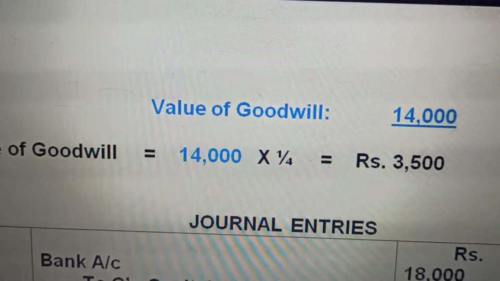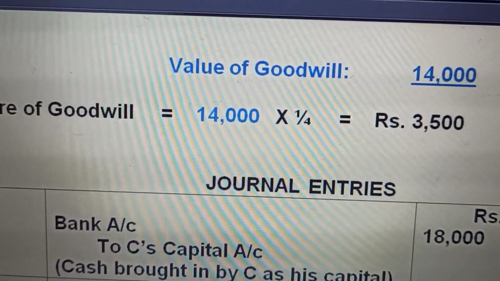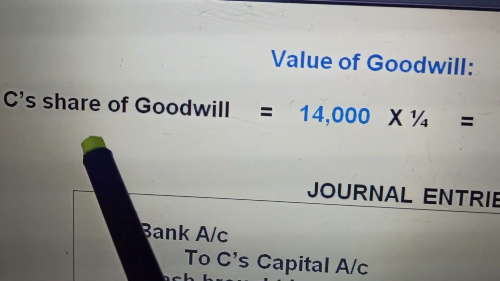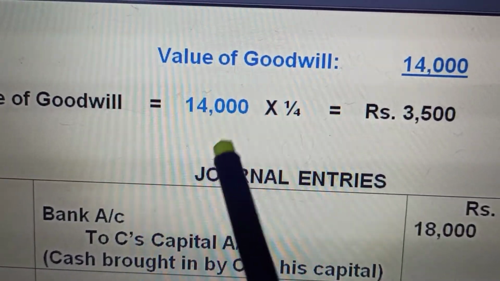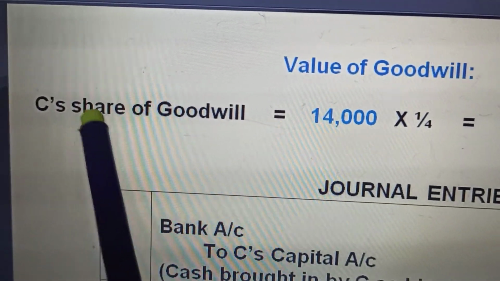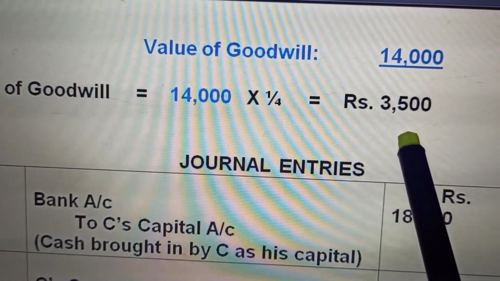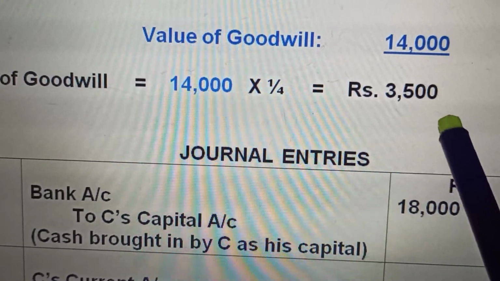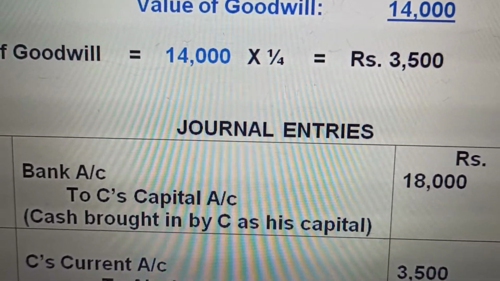If the firm's goodwill is 14,000, then C's share of goodwill will be 1/4 of 14,000, that is 3,500. The new partner's share of goodwill is 3,500, and then we can make the entries at the time of the new partner's admission.